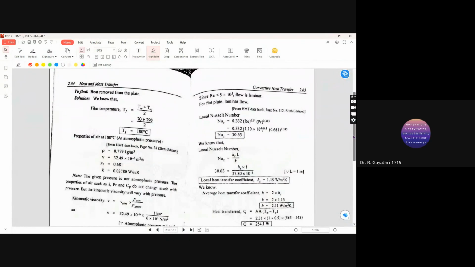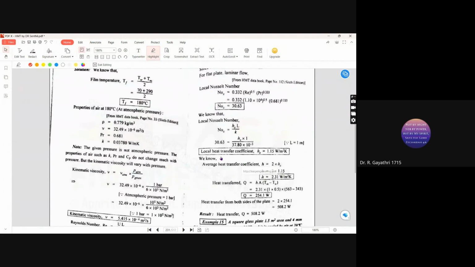For this case, we use the local Nusselt number formula for laminar flow with constant wall temperature condition. We know the general local Nusselt number Nu x is equal to Hx L by K. Hx means local convective heat transfer coefficient, and L is the length of the plate.